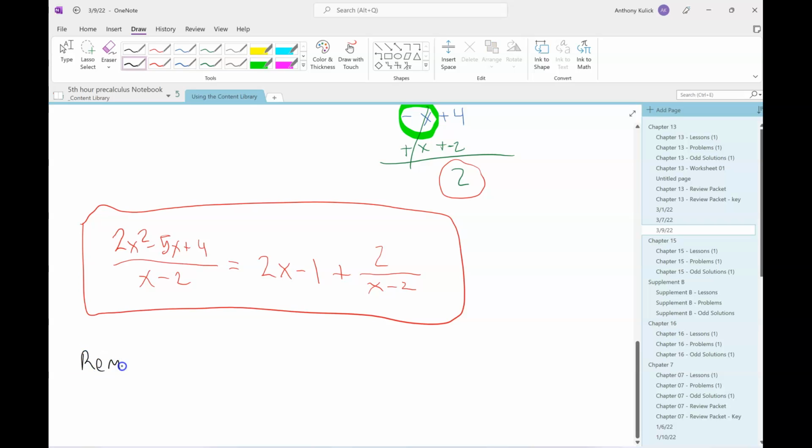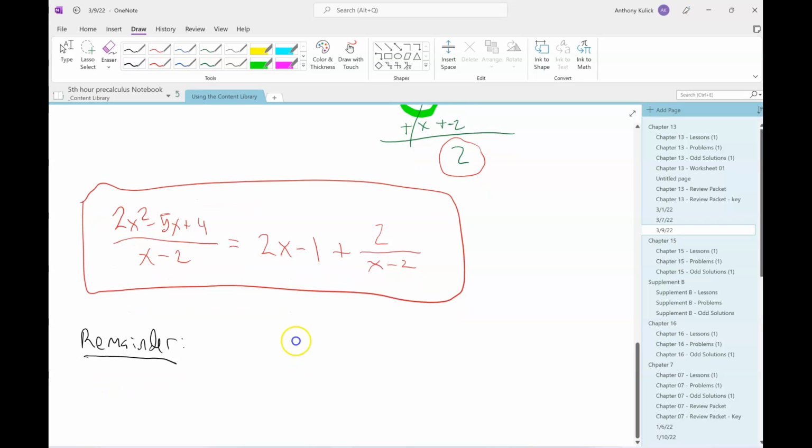So we're going to introduce now a series of theorems that are going to help us update this process.